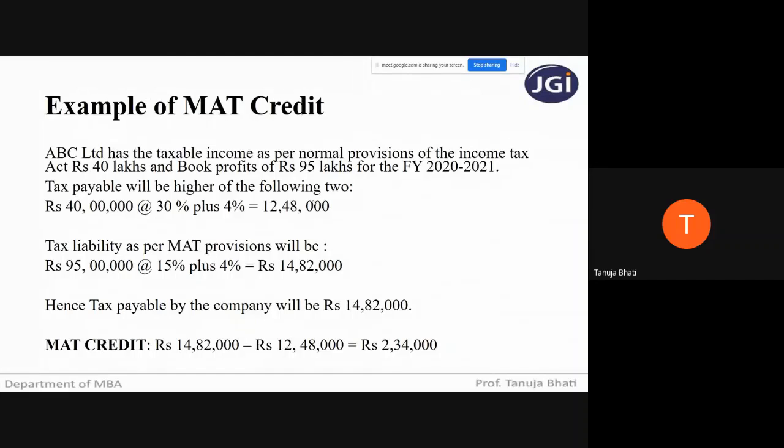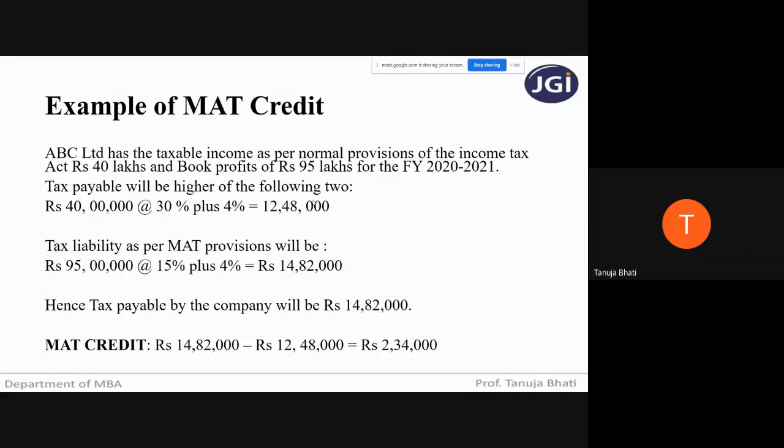Okay, so now can anyone tell me, if any sum is given that calculates the taxable income or the tax to be paid by a company, what are the steps you're going to follow with reference to MAT? Step number 1, you're going to calculate the income tax payable as per the normal provisions of income tax. Step number 2, you're going to calculate the tax payable as per MAT.